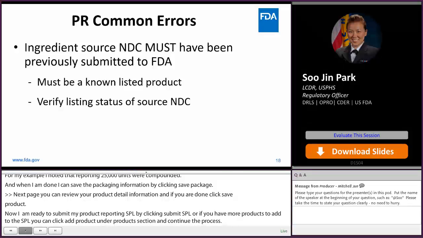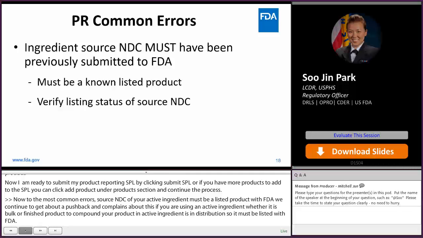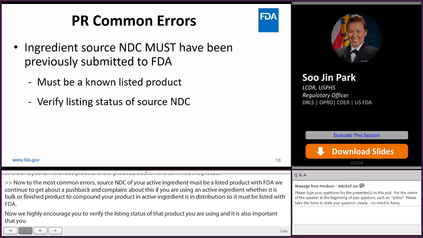Now, we highly encourage you to verify the listing status of that product you're using, and it's also important that you do this ahead of time, because if you use a source NDC that is not currently listed, when you submit your product reporting SPL, it will not pass validation and you will receive an error message for that product.